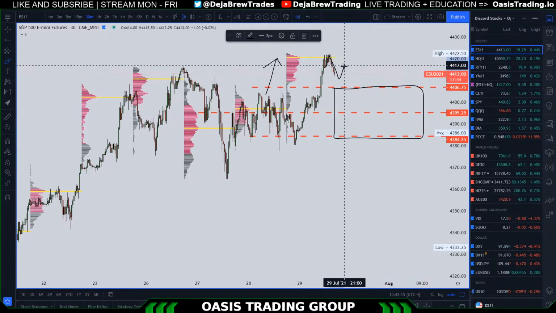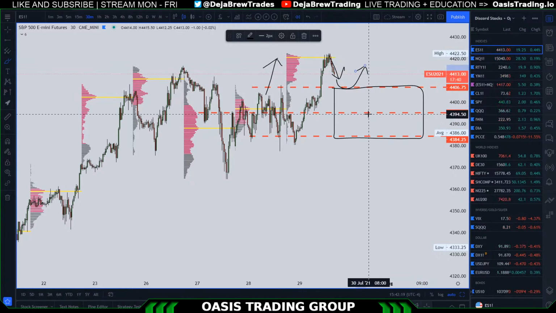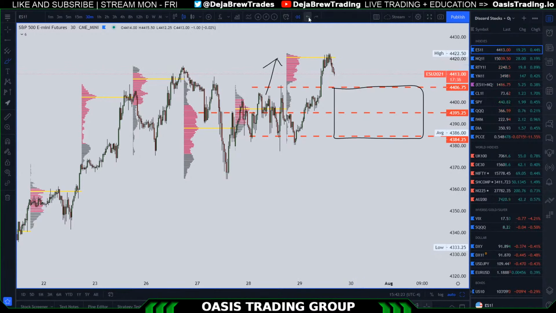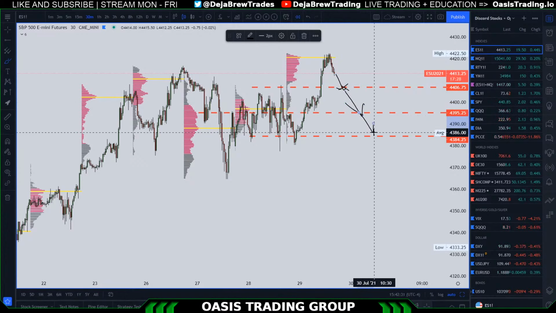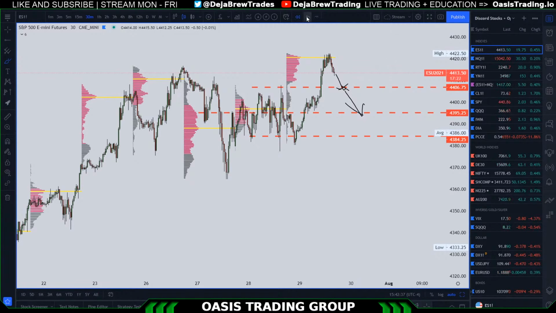If we pull back to retest that range and we start to bounce off of that, that's extremely bullish. Okay? And if we start to lose that value, so if we start to come down and then we lose that area, that's very bearish. We're probably going to retrace back down to the previous levels. Okay? That's actually a very good point. Thank you once again for bringing that up.